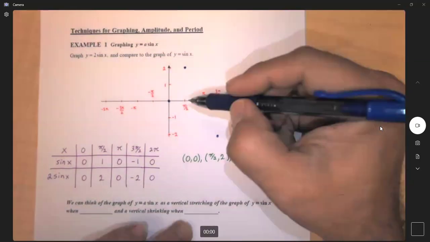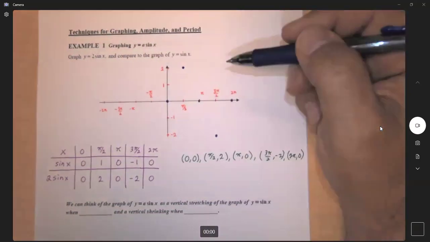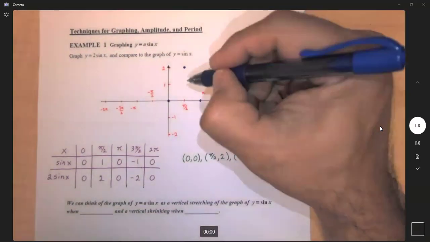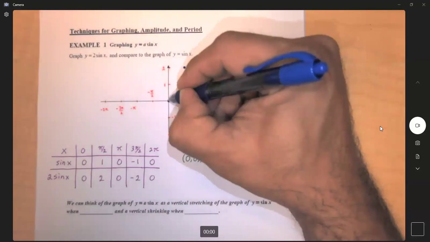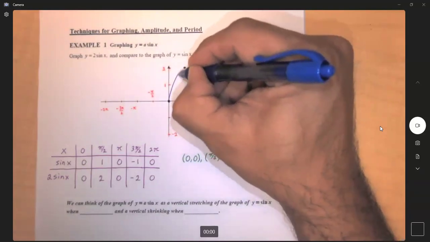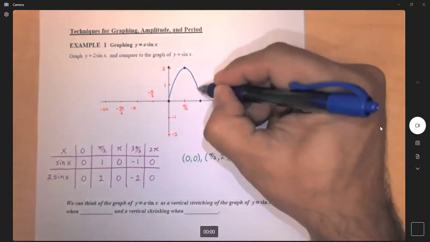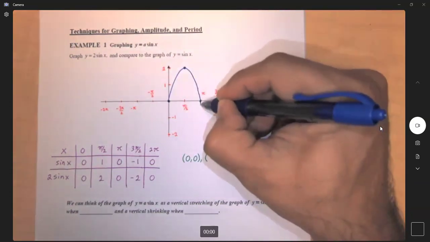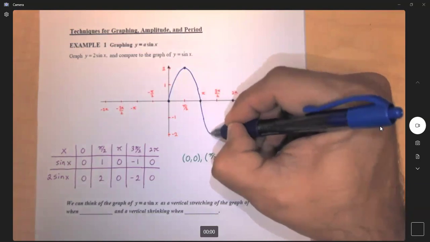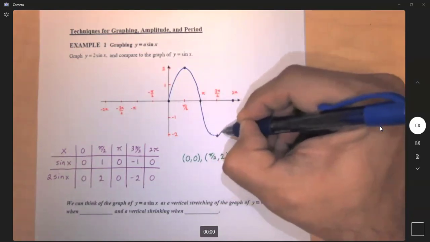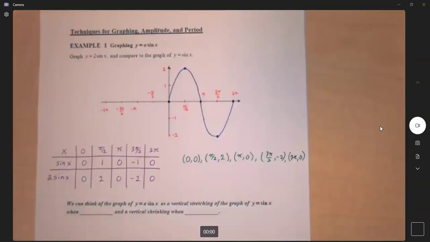And then you draw a smooth curve of the sine function and do it as smooth as you can. Mine's not as smooth as I used to make it because I'm not as sure-handed as I used to be. But there's your sine function.